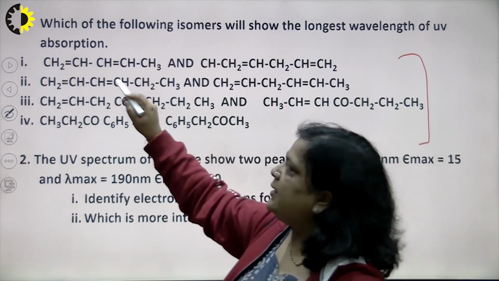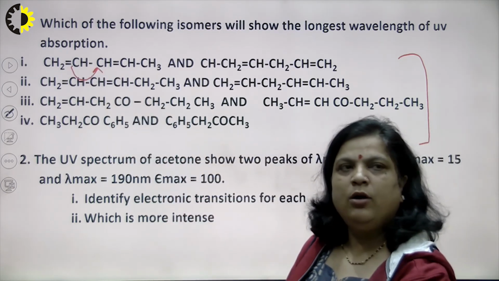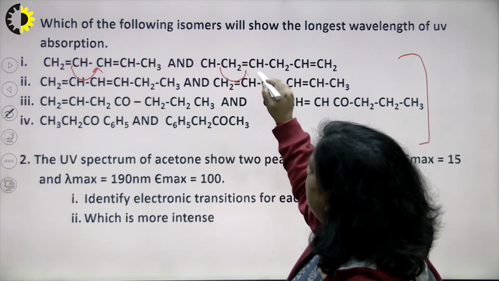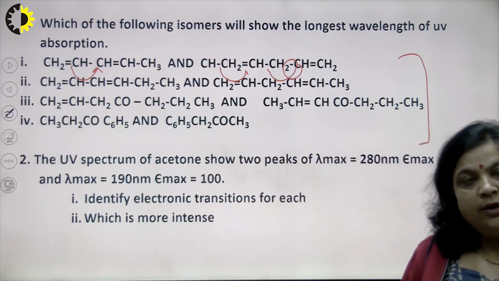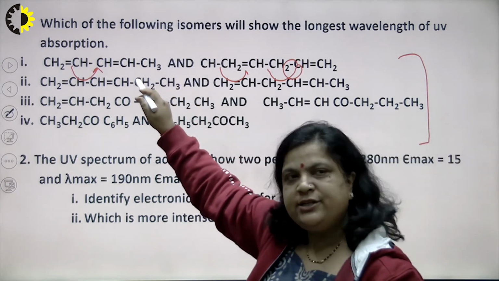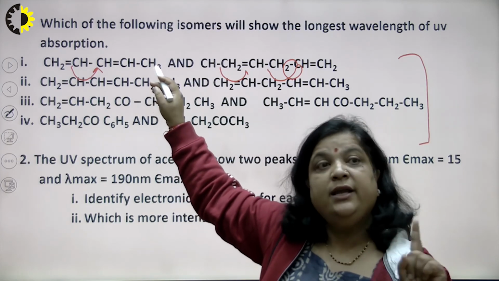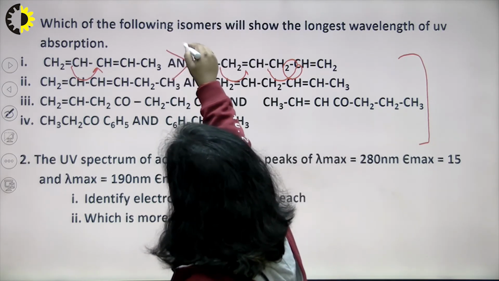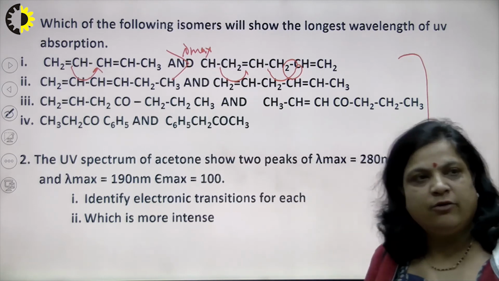Here we see that there is a conjugation. Conjugation means double bond, single bond, double bond, single bond. But in this case we see single, double, single, but there is no second double. So in the first compound there is more conjugation, and remember this line: more conjugation leads to a higher value of lambda max. It means this compound will show a higher value of lambda max. It means we can also find the extent of conjugation.